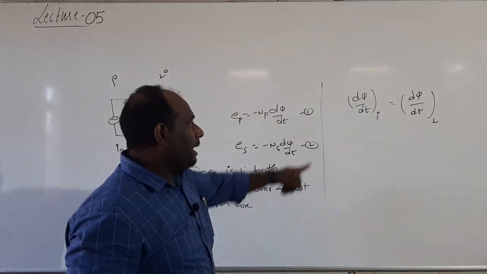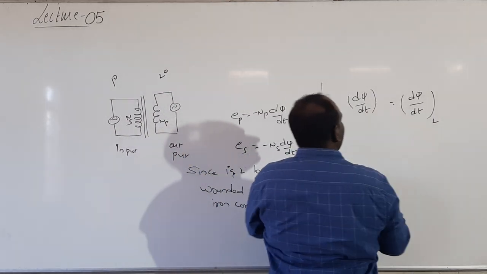So d phi by dt across the primary is equal to d phi by dt across the secondary.